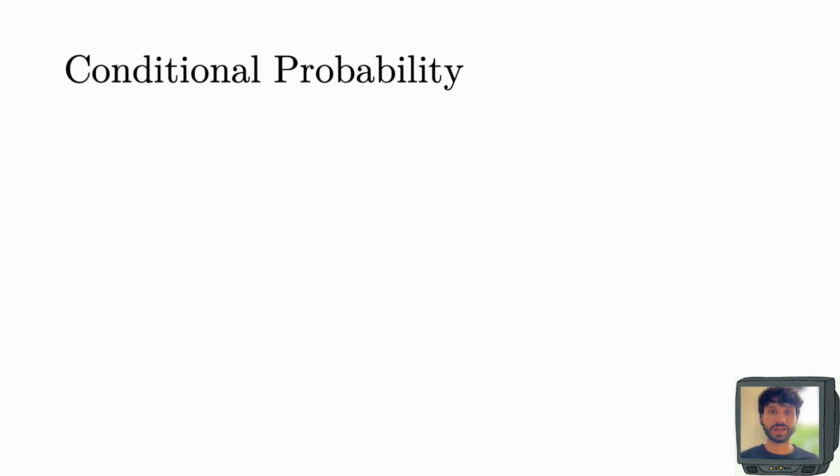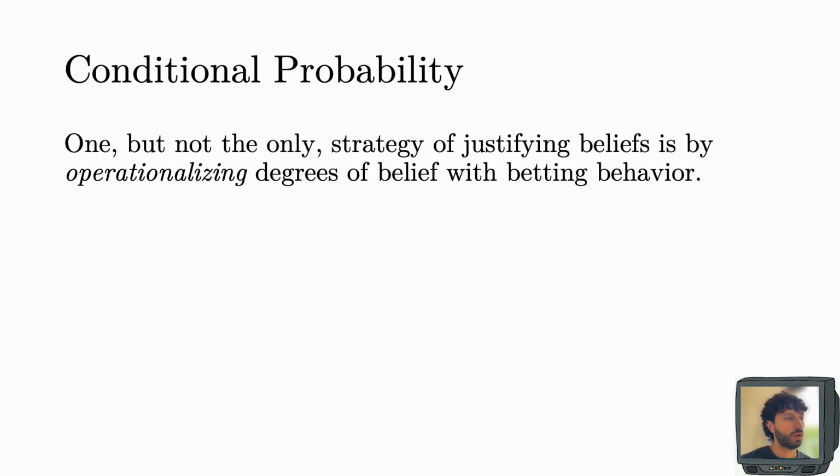In the next class, we're going to look at Bayes' theorem, one of the most famous theorems in probability theory, and we're going to see how probabilities relate to belief. But here's a little taste of that. One way, but not the only way, of justifying our beliefs is by first operationalizing our degrees of belief with betting behavior.